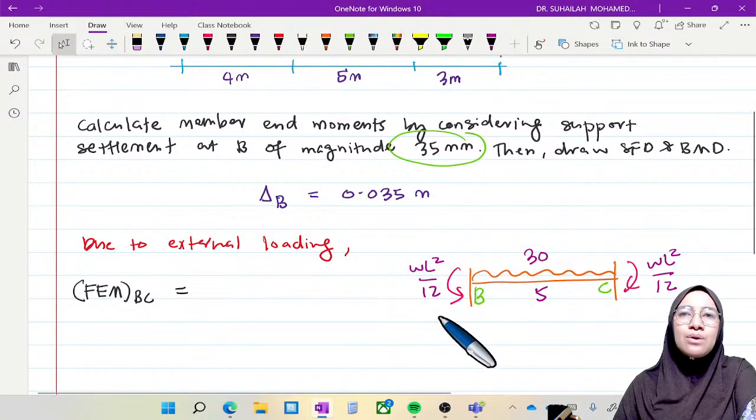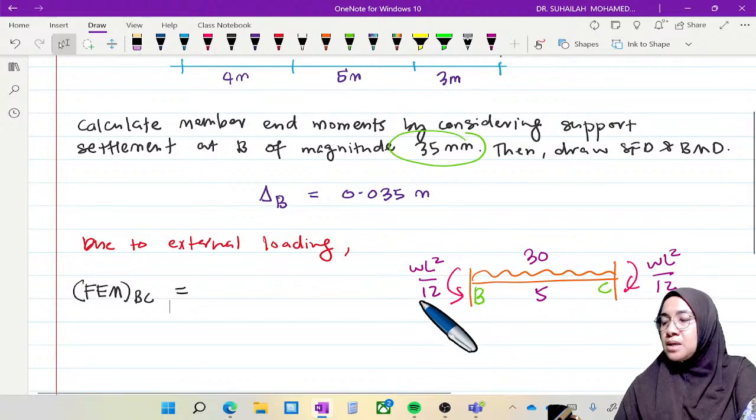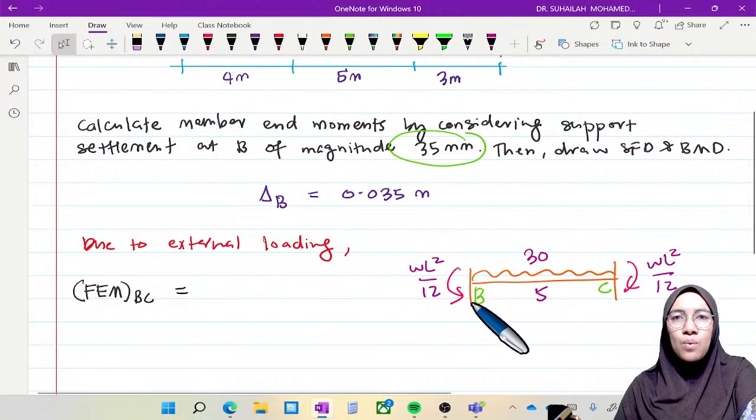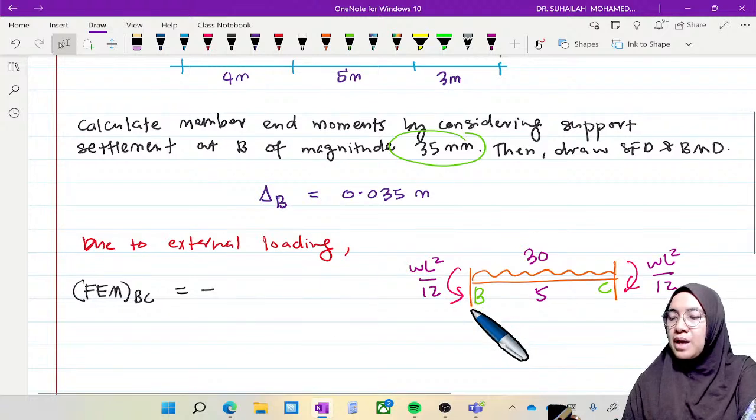Since the sign convention for moment is clockwise positive, and the behavior at B is counterclockwise, opposite to clockwise, it is negative.